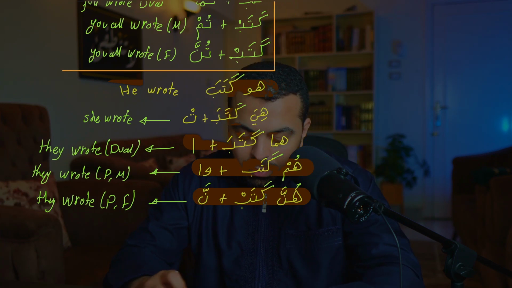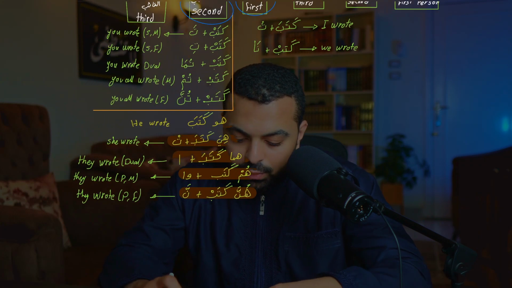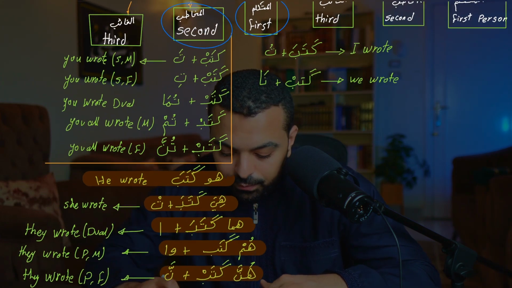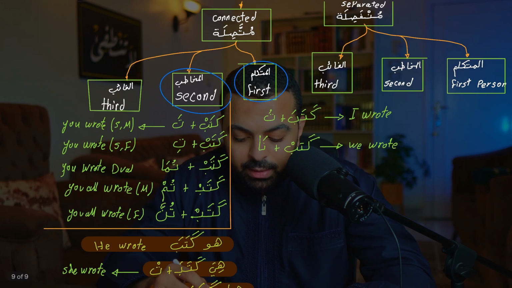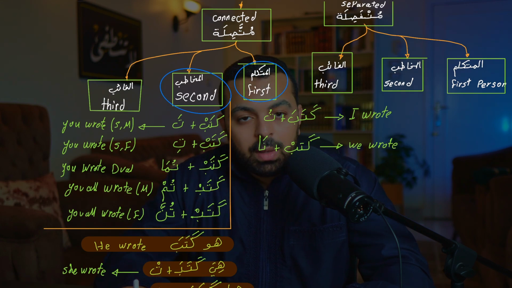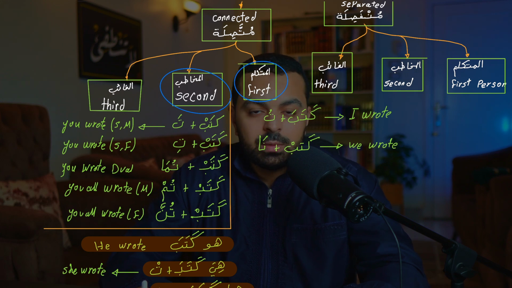In this lesson, we learned the connected pronouns, but not any connected pronouns. Connected pronouns can be connected to either nouns, verbs or particles, and the verbs themselves can be in the past, present, future or maybe imperative.